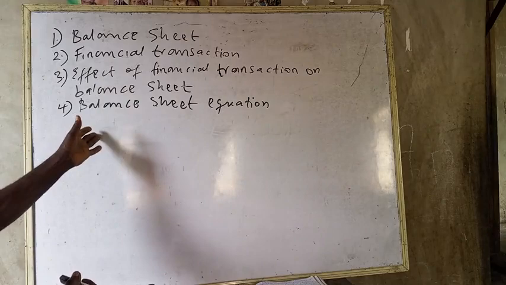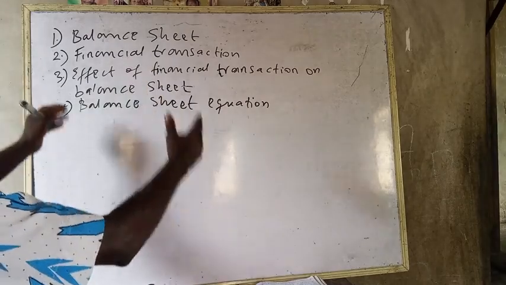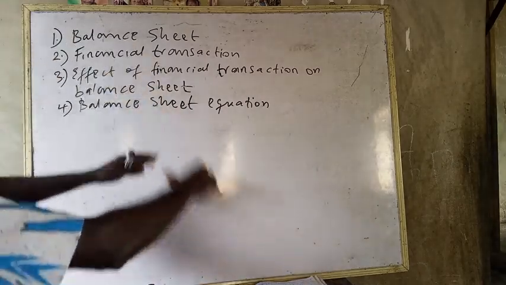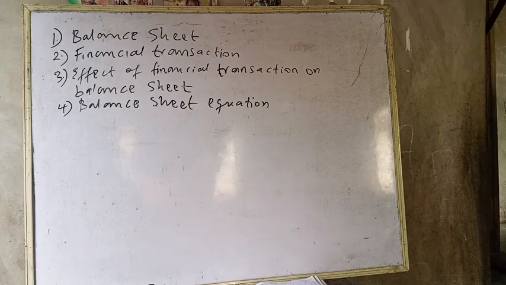In simple language, at every point in time when a financial transaction takes place, the balance sheet has to balance. For example, today the business opens an account and pays money into the bank as capital to start the business.